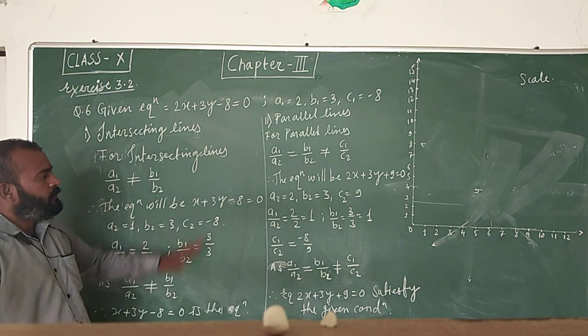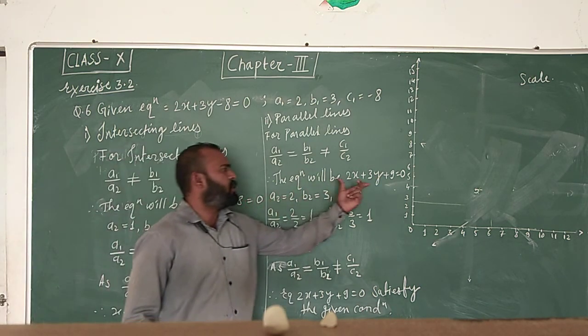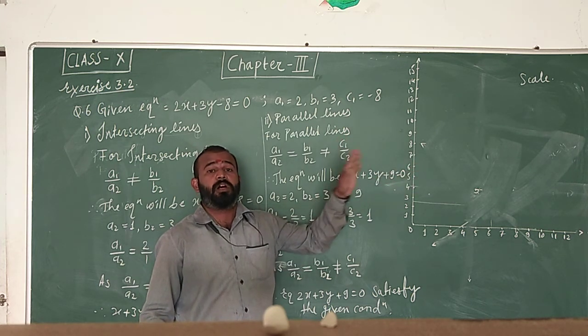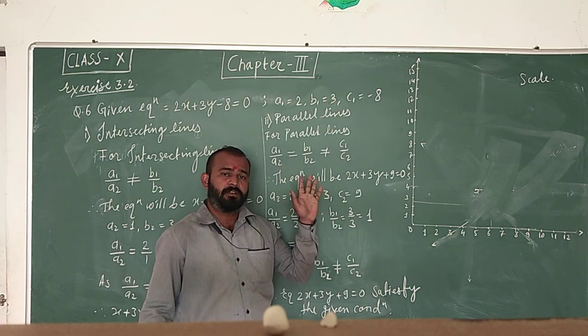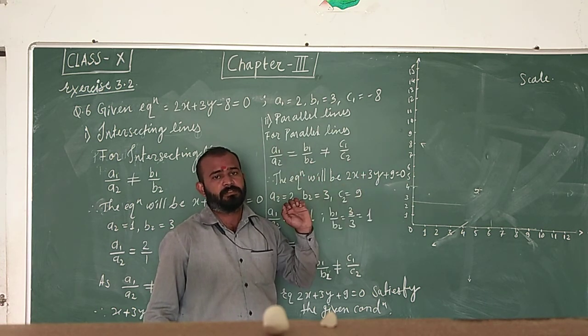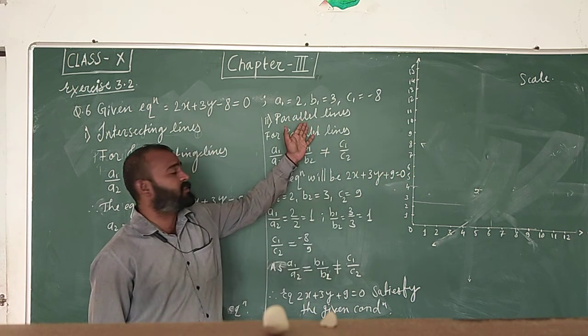Understand? But it is not necessary that if I have done 2x plus 3y plus 9 equals 0, then you should also write this only. There are many such equations that may satisfy the parallel lines condition.